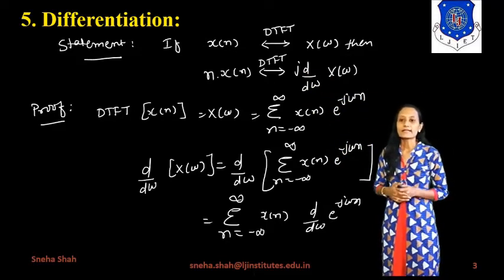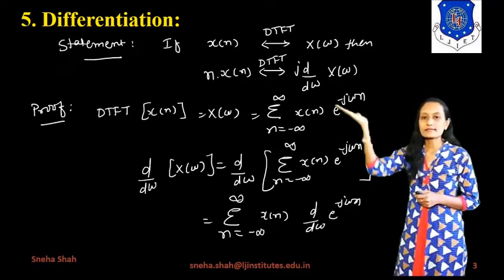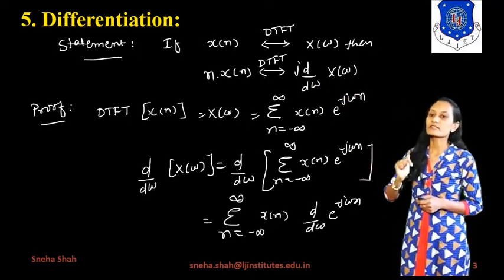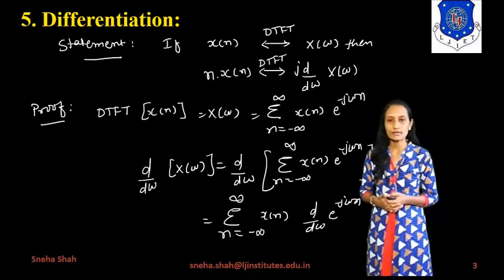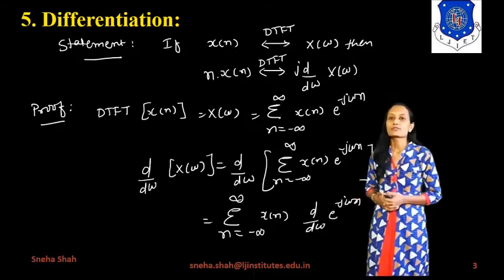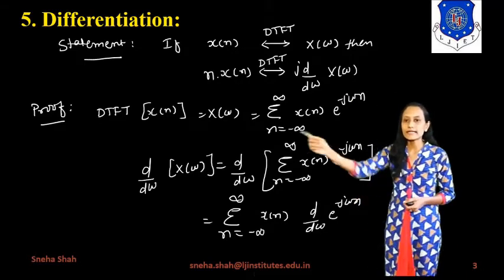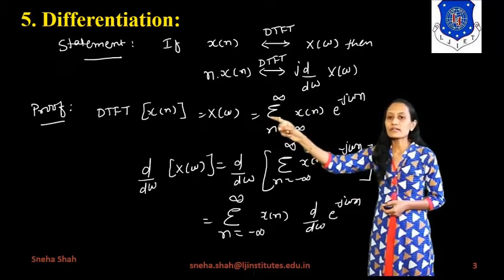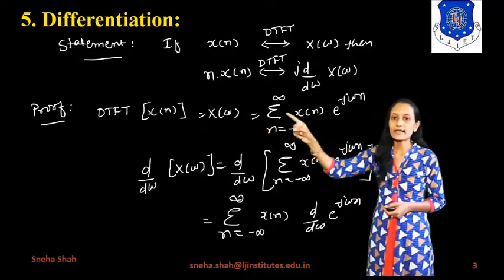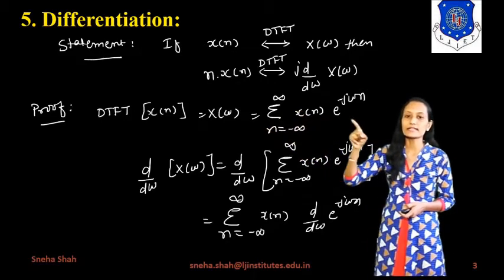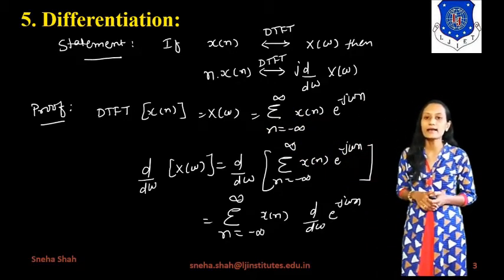Now, for the proof of this statement, first of all, we start with the equation of DTFT. As you know, the DTFT of x of n is X of omega equals summation n equals minus infinity to infinity x of n into e raised to minus j omega n.